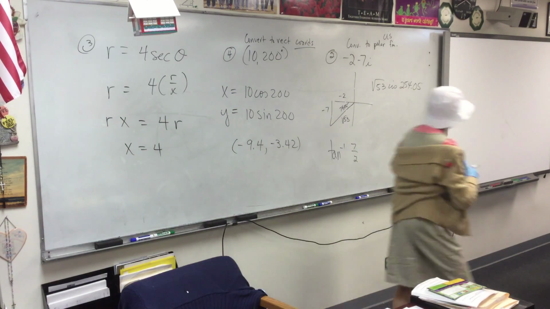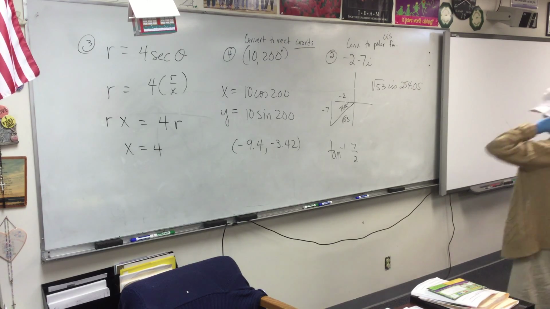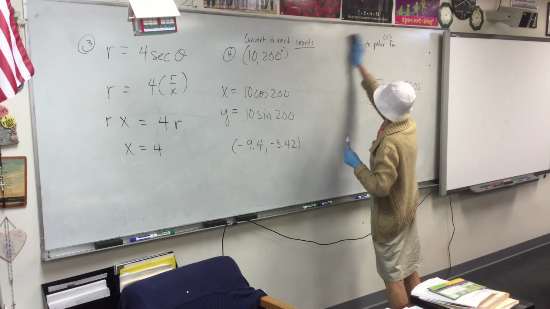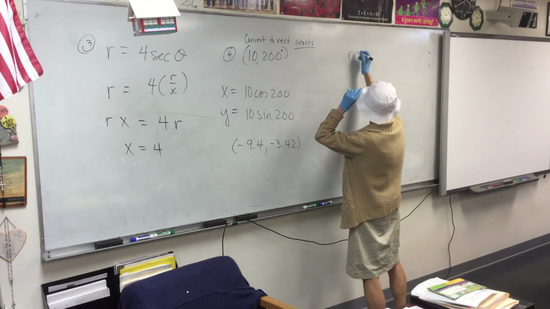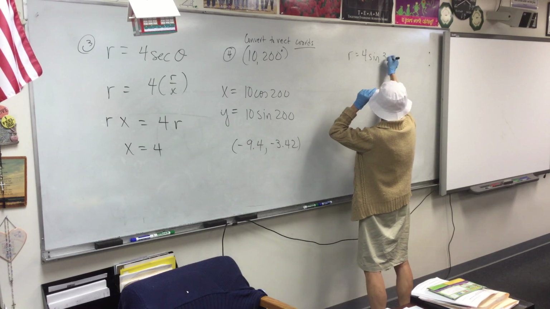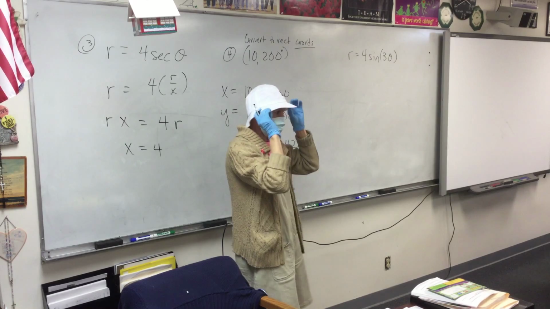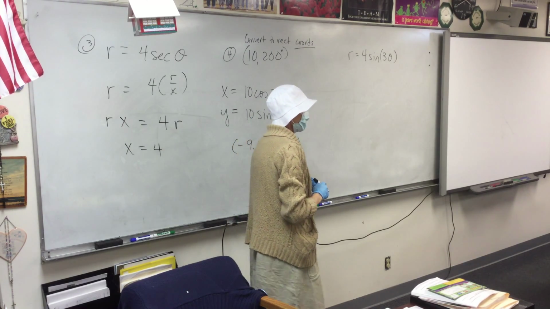What's that last one? Sketch 4 sine 3 theta. All right, before I sketch it, tell me what shape it is. What am I expecting on my calculator? I'm expecting a rose.